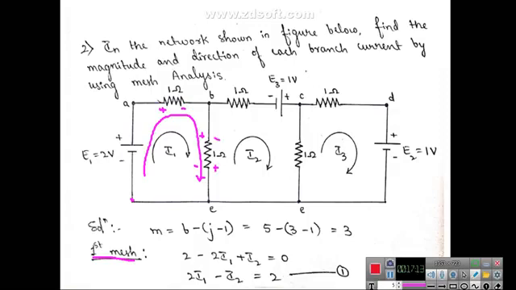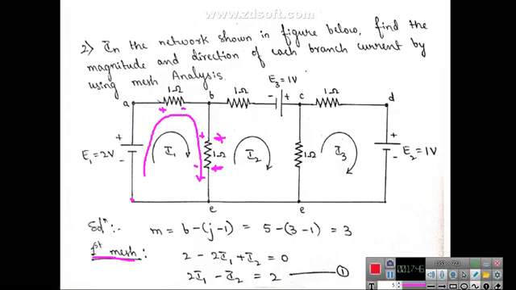Sorry, the polarity is plus and minus, so you are going from negative to positive, therefore I can write it as plus I2, and that is equal to 0.